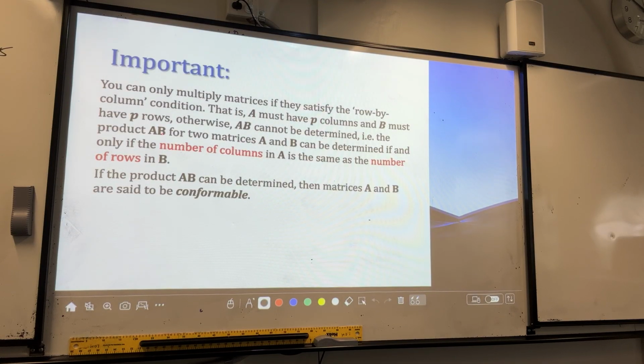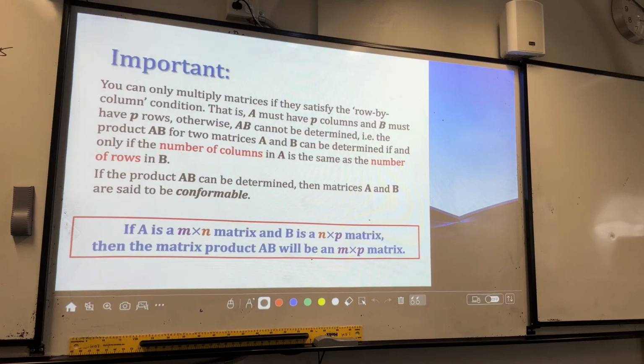That is, the product AB for two matrices A and B can be determined if and only if, remember, if and only if the number of columns in A is the same as the number of rows in B. So, if the product AB can be determined, then matrices A and B are said to be conformable. Or, in short, if matrix A is an m times n matrix, and B is an n times p matrix, then the matrix product AB will be m times p.